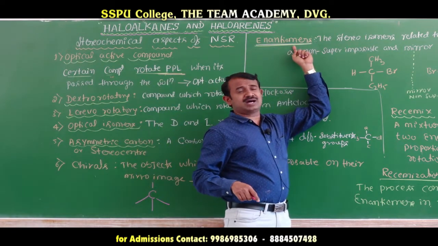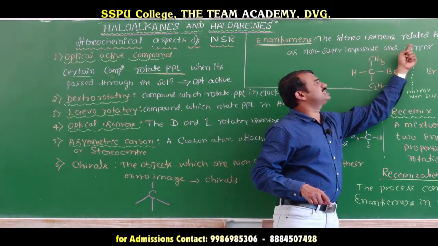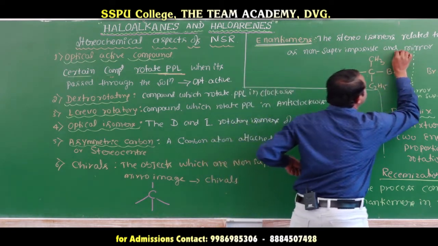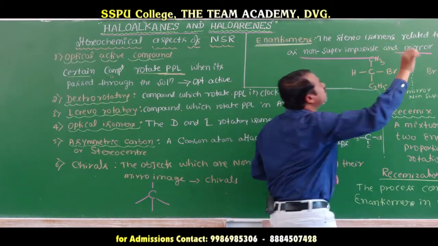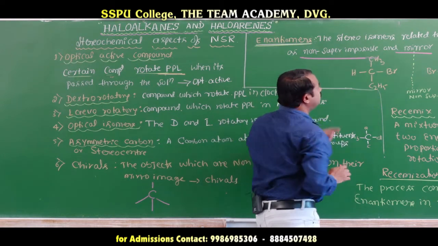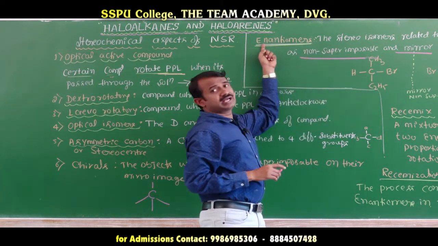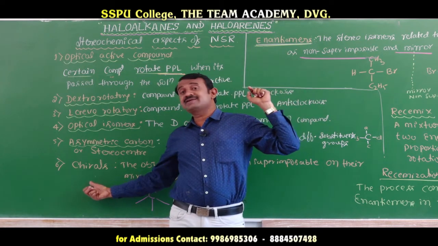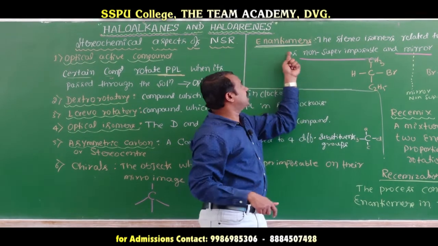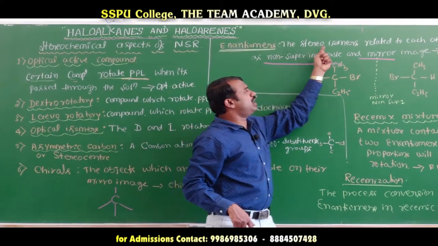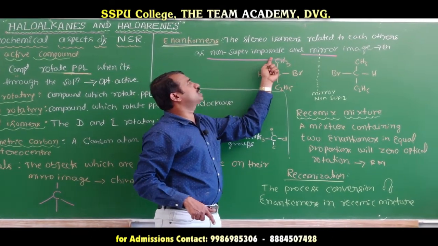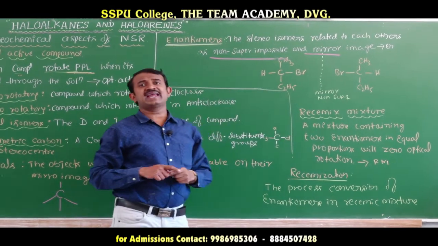Coming to enantiomers, when stereoisomers are related to each other as mirror images and are non-superimposable, they are called enantiomers. Chirality also means the same: mirror image and non-superimposable.